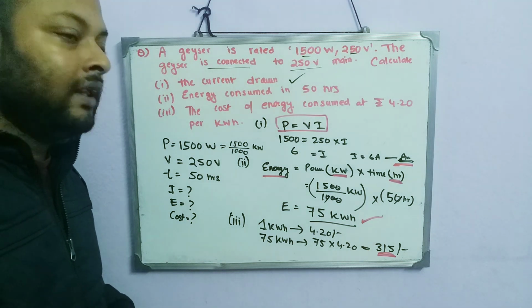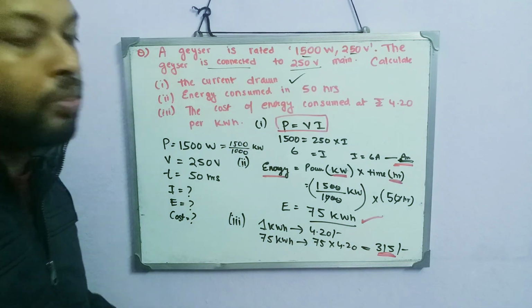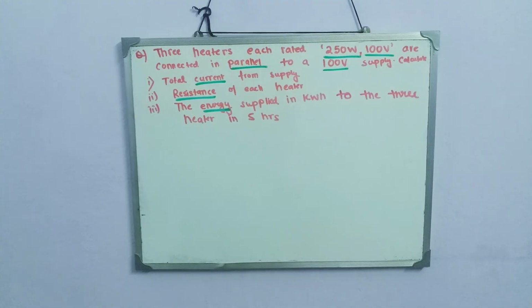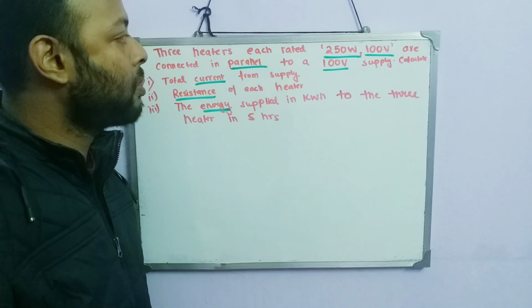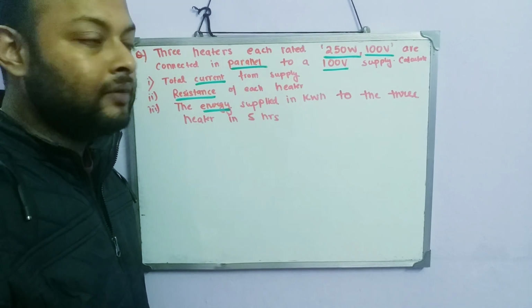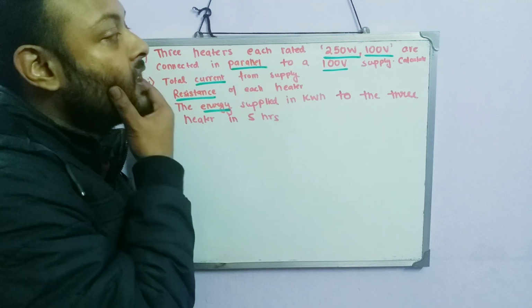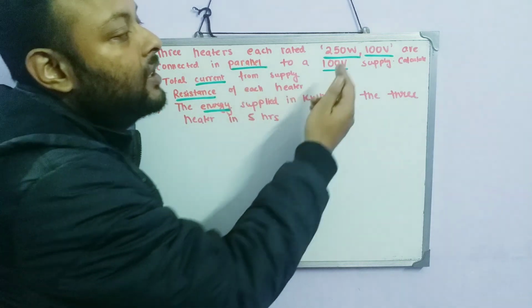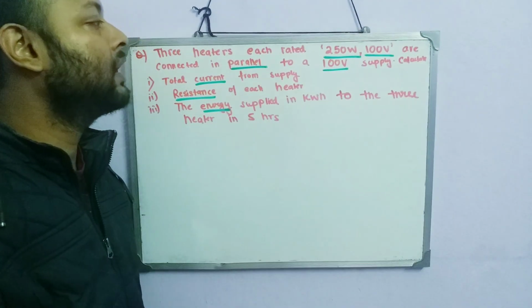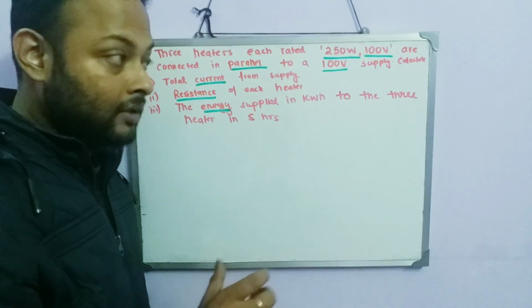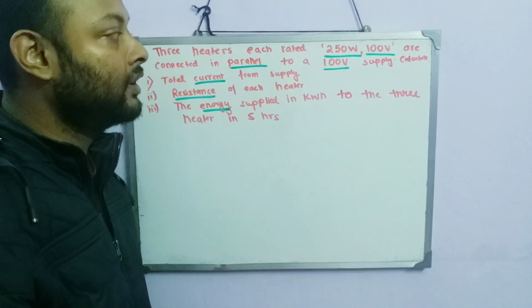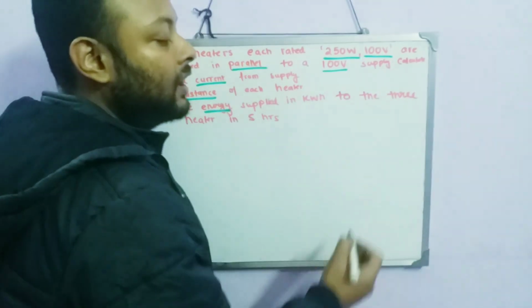Okay, now let's see the last question of this chapter. Now this is the last question of this chapter. See, given 3 heaters, each rated 250 watt and 100 volt, are connected in parallel to a 100 volt supply. See, the important word over here is the first thing, 100 volt supply.